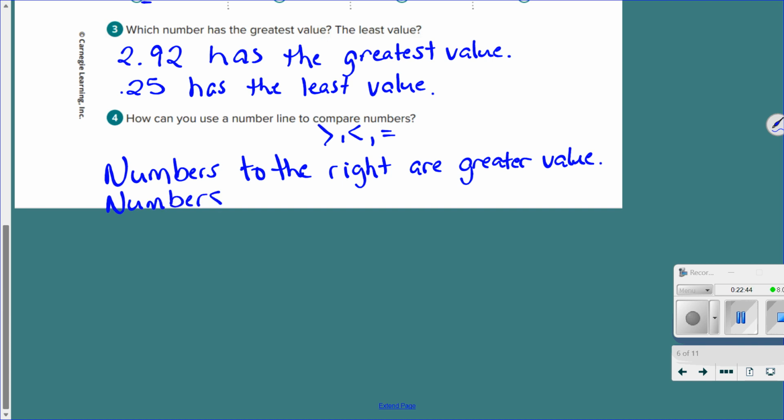Numbers to the left have less value. And you can remember this with the saying, left is less. Everything on the left is less. Make sense? You're not on a number line.